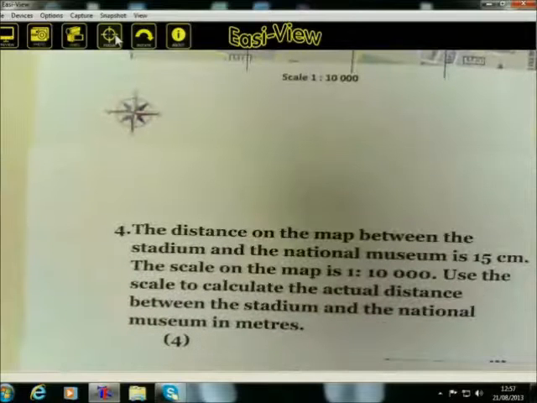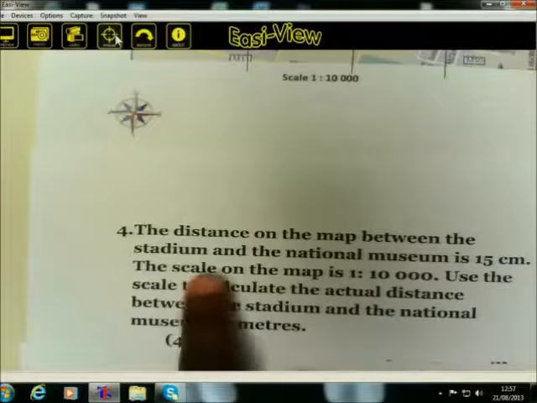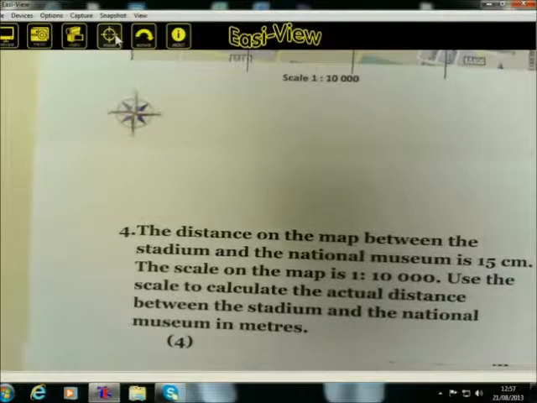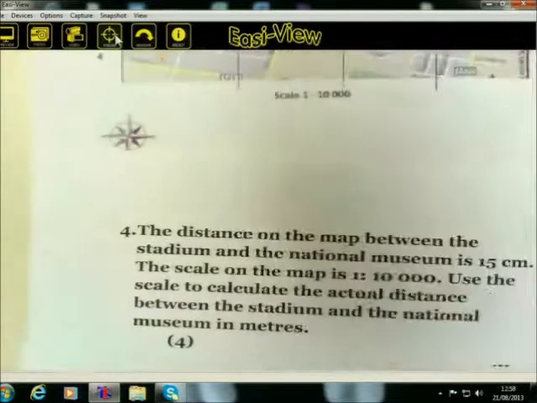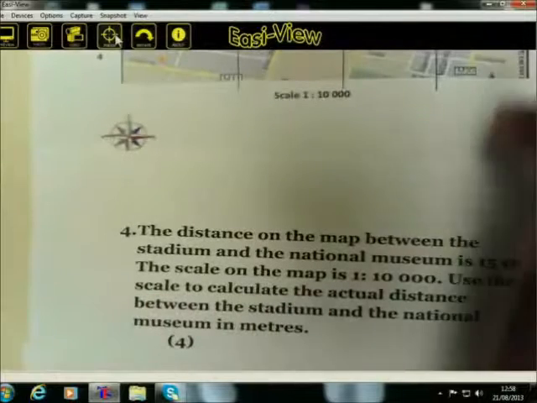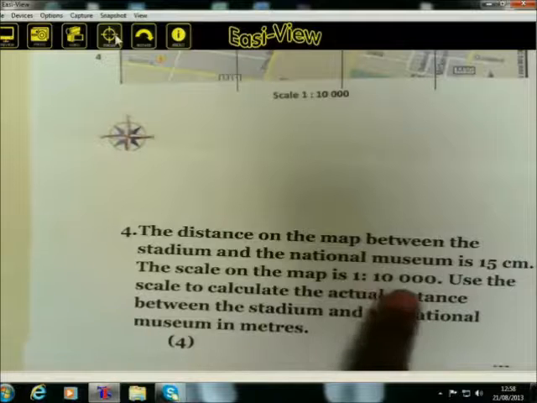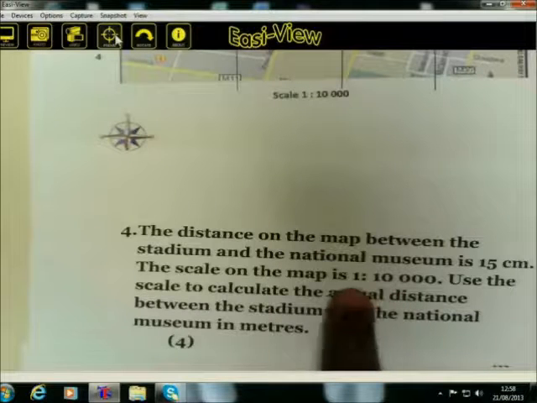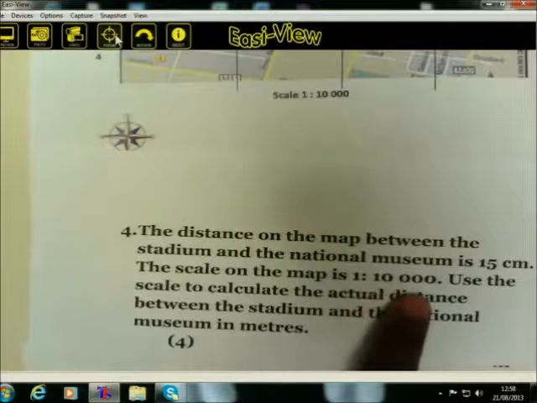Right. Now the next question says, the distance on the map between the stadium and the National Museum is 15 centimeters. This is the distance on the map. Now the scale on the map given to us is 1:10,000. Remember, when I started, I explained what this means, Grade 12. 1 centimeter represents 10,000 centimeters.